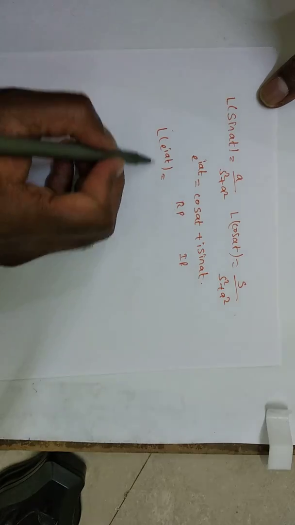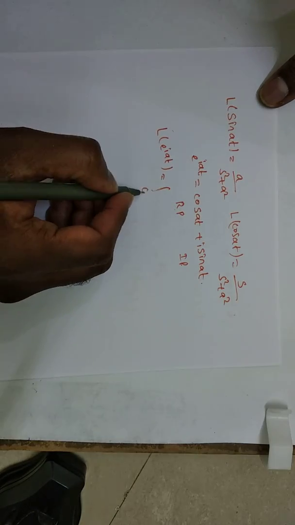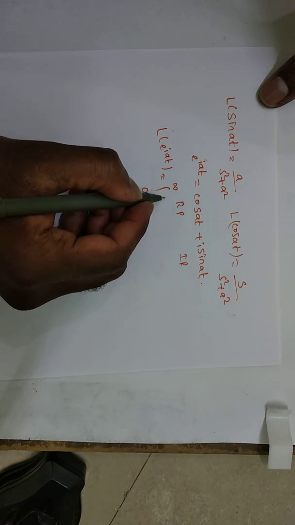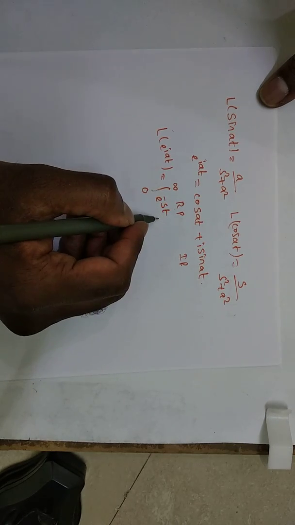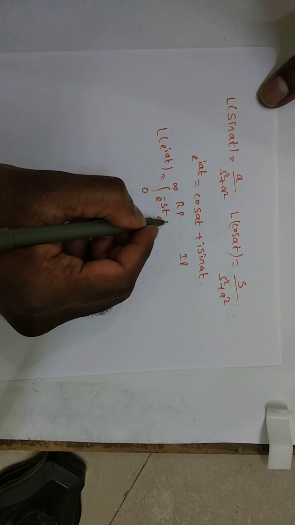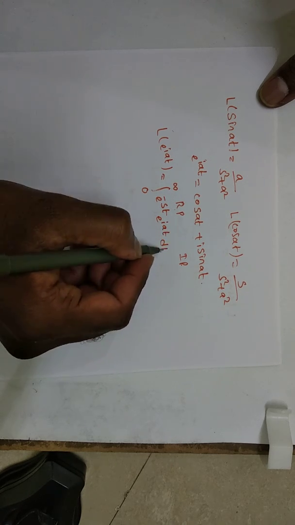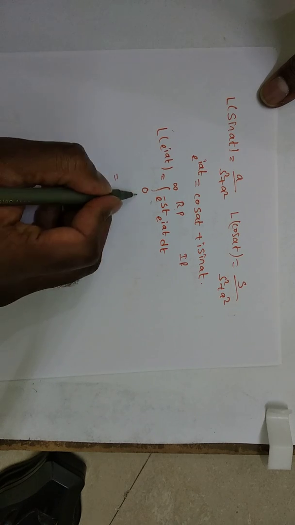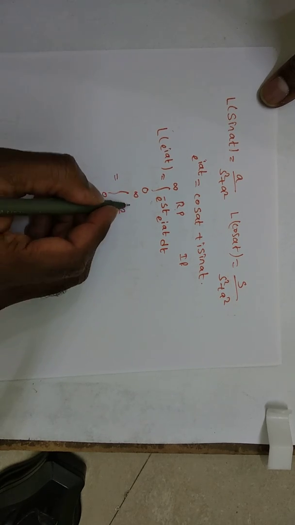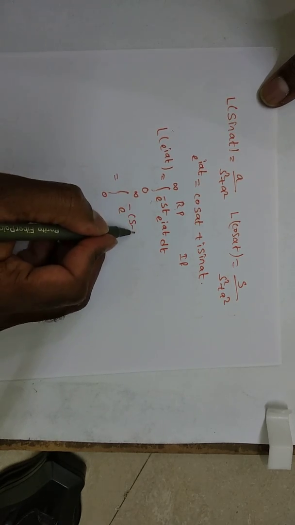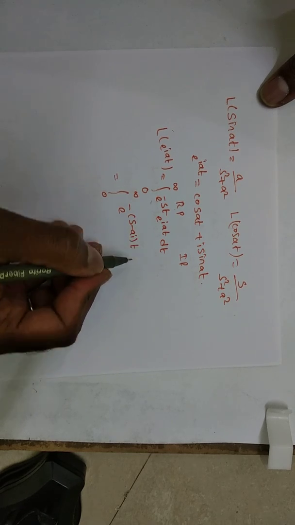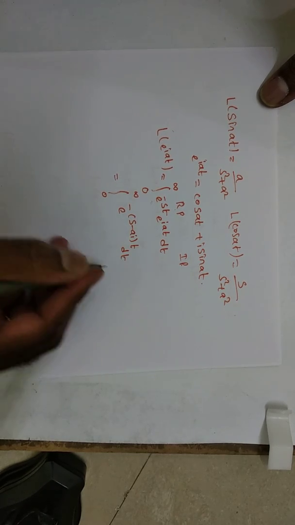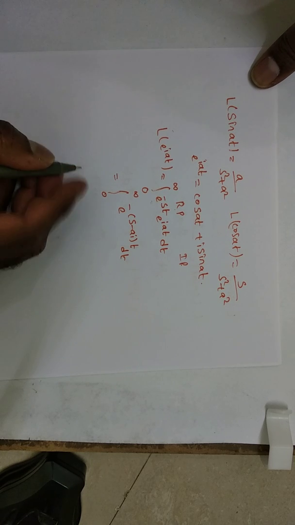This is the L of f(t) formula. So what is L of f(t)? Integral 0 to infinity e power minus st f(t) dt. What is f(t)? e power iat dt. So both are exponential functions only. So integral 0 to infinity e to the power of minus (s minus ai) into t dt, taking it common. Now what is the integration of this?